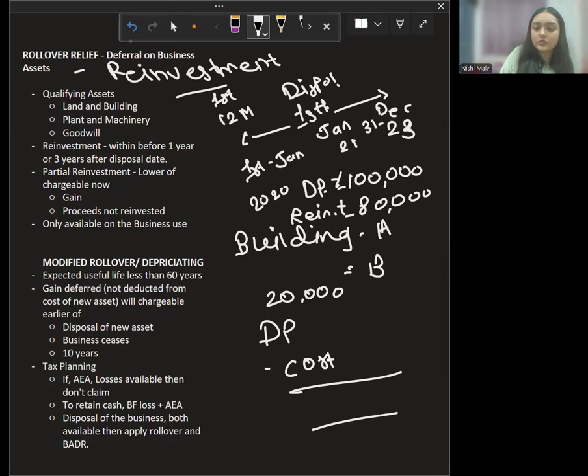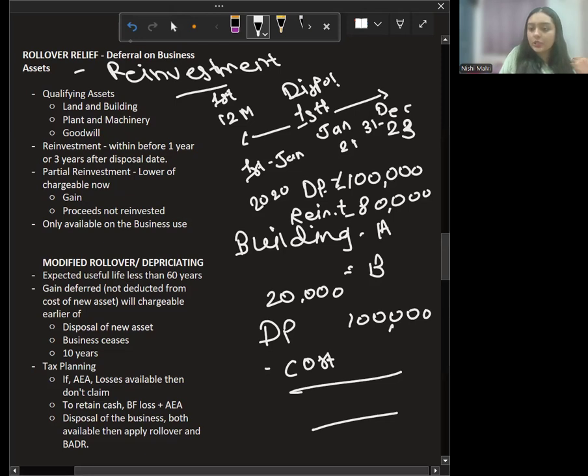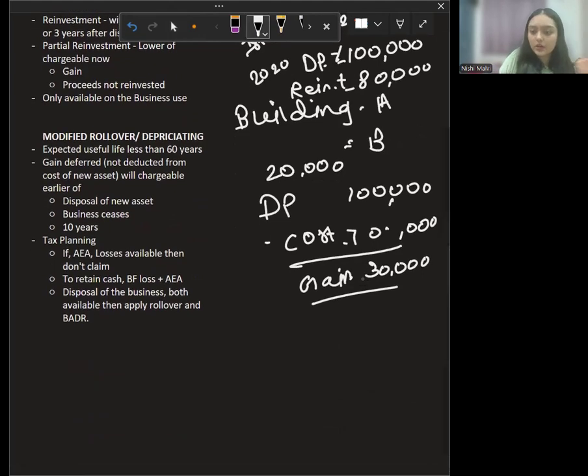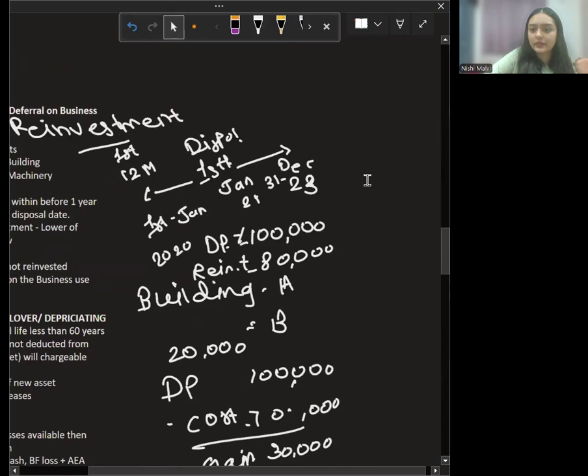Suppose the disposal proceeds is 100,000 and the cost was 70,000. So 30,000 is your gain. Whichever is lower will be chargeable now, and the rest will be your rollover relief.